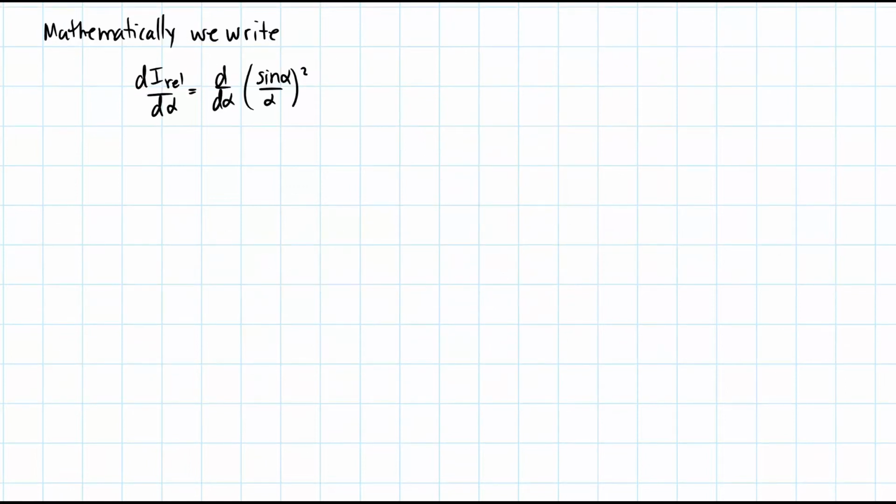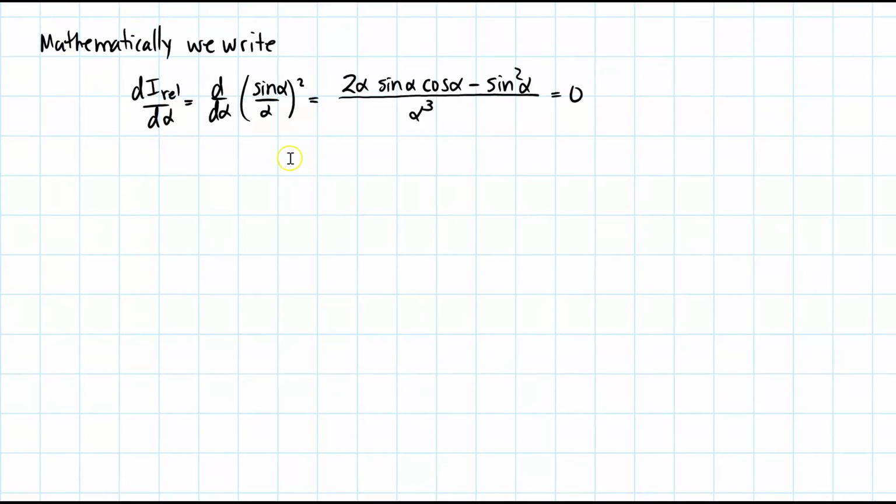Mathematically, we write the derivative of I relative with respect to alpha, so I take the derivative of sine of alpha over alpha quantity squared, and when you do that, you get 2 alpha sine of alpha cosine of alpha minus sine squared alpha over alpha cubed, and that's equal to 0.